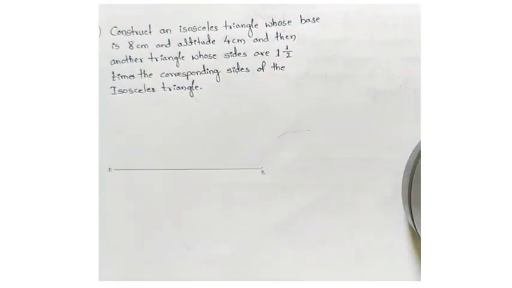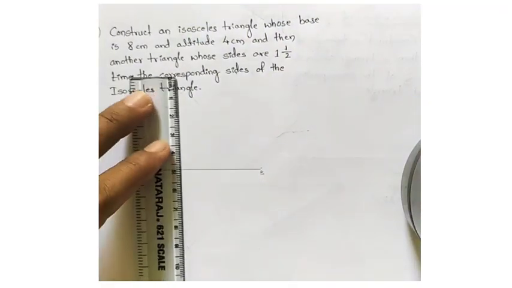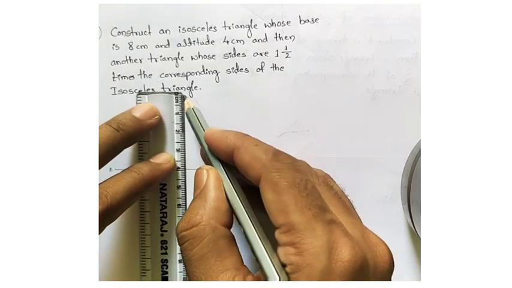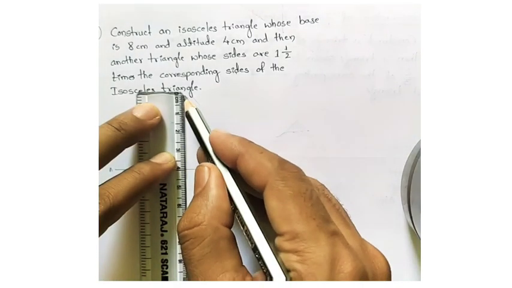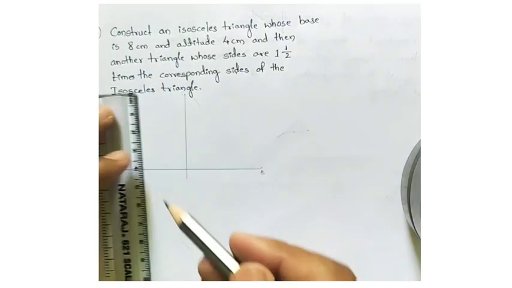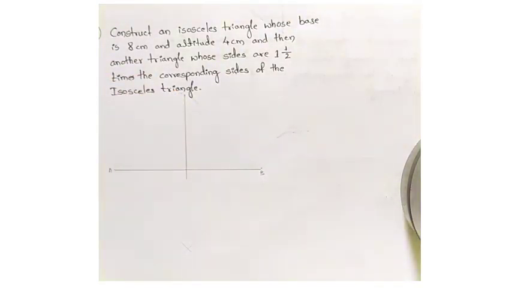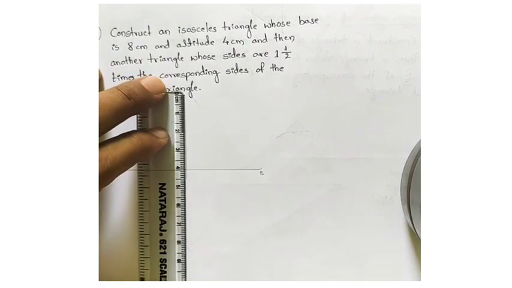Okay, now we got a center point to draw the perpendicular. So here we are getting a 4 centimeter line, so measure 4 centimeters on the perpendicular line, so it is the altitude, meaning perpendicular.